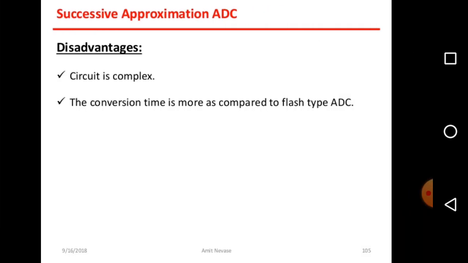Then what are the disadvantages of the SAR? The circuit is complex. The conversion time is more as compared to flash type ADC.